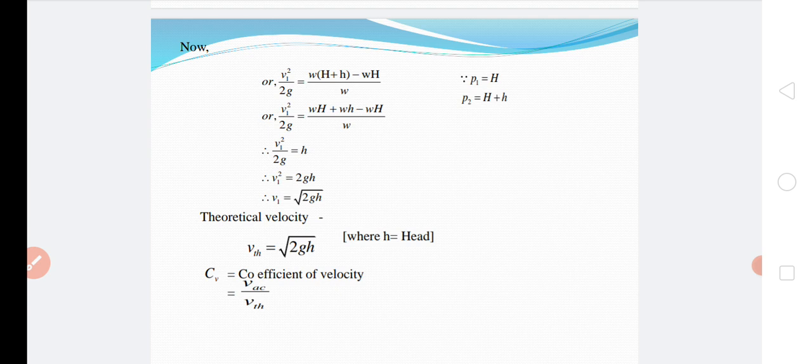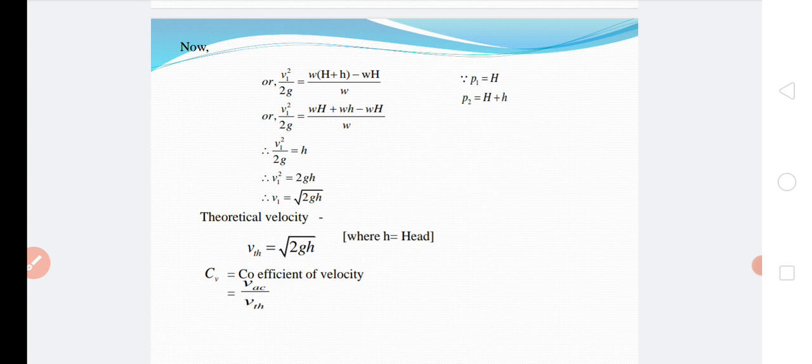This is the theoretical velocity, that is VTH. We can write VTH equals root 2gh, where small h is the head. So we can easily create the definition of the coefficient of velocity, or Cv.